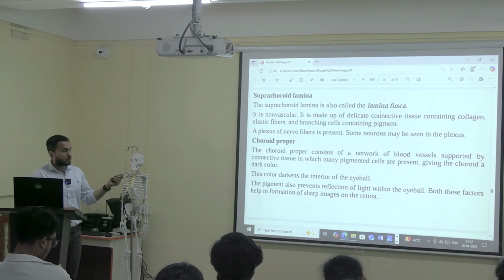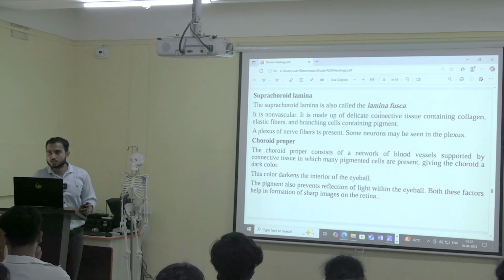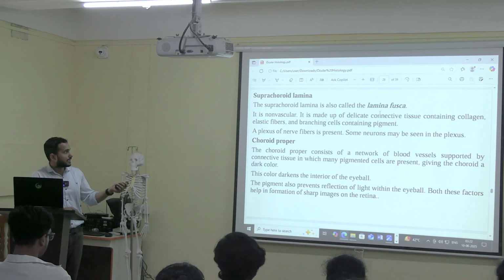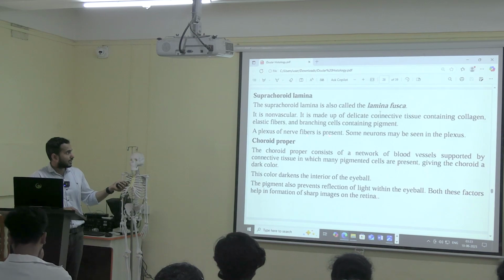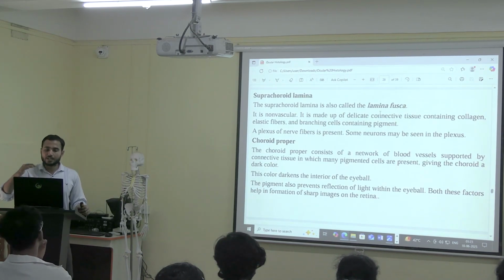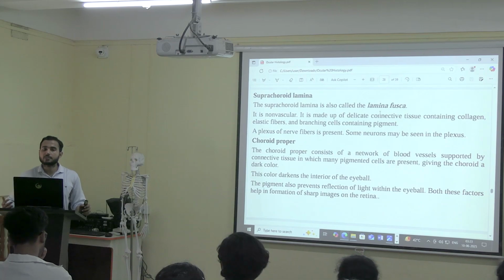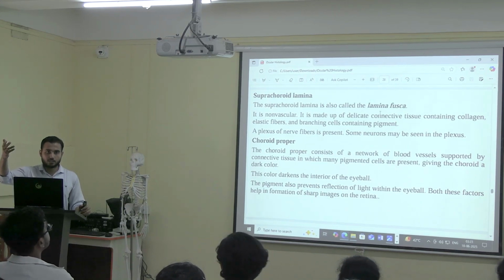That means blood vessels are not present. Instead, we get delicate connective tissue with collagen fibers, elastic fibers, and a plexus of nerve fibers. Supra means above the choroid. So this layer separates the sclera and the choroid.